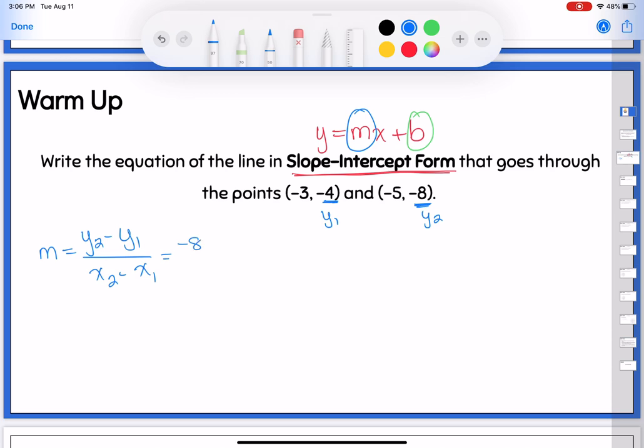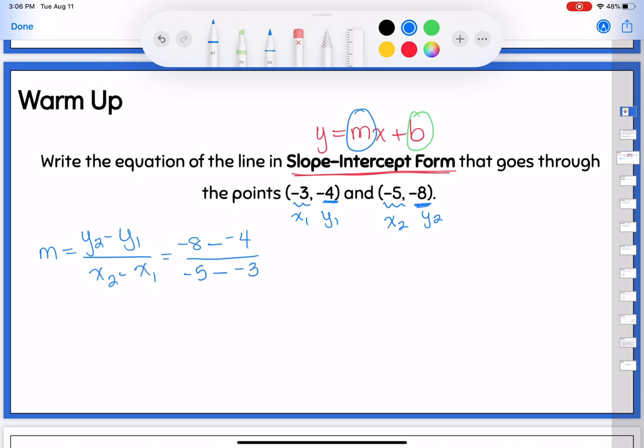So it'll be -8 minus -4. Watch your negatives here. And this is part of the reason why we have this as the warm-up. All right. And then we're going to say -5 is x2 and -3 is x1. So I'll have -5 minus -3.